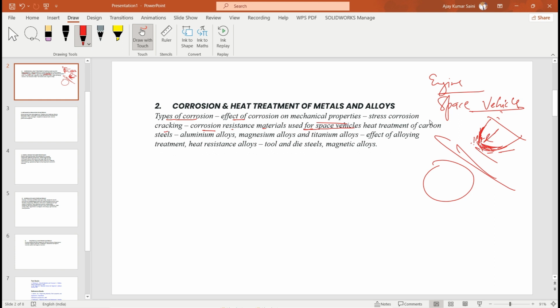So here we use the high temperature materials to protect the astronauts from this heating. Okay, and heat treatment of carbon steel, aluminum alloy, magnesium alloy, titanium alloy, effect of alloying, treatment and heat resistance alloy, and tool and die steels, magnetic alloys. We will discuss all these in upcoming videos.